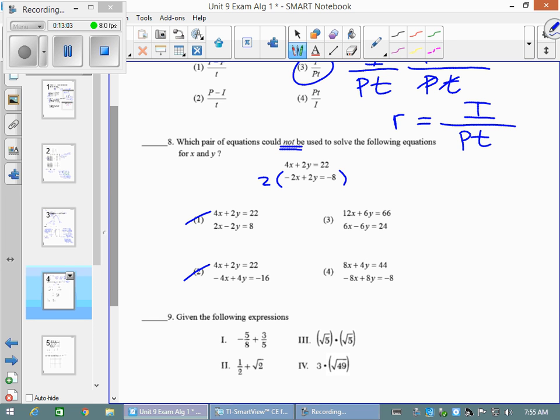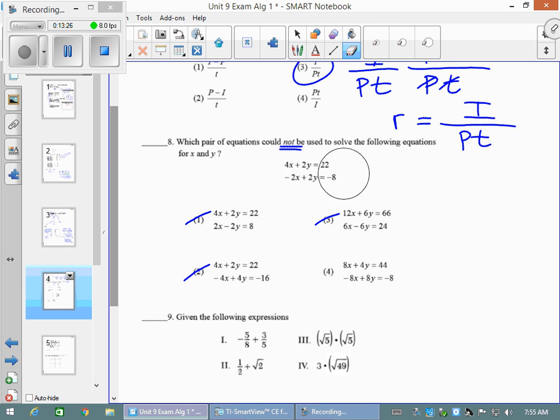Choice 3, if you look at the top equation, we went from 4x plus 2y equals 22 to 12x plus 6y equals 66. That happened by taking our first equation and multiplying through by 3, and the bottom equation would match up if you multiplied through the second equation by a -3. So again, that could be used. So we know our choice is 4, but let's see why.